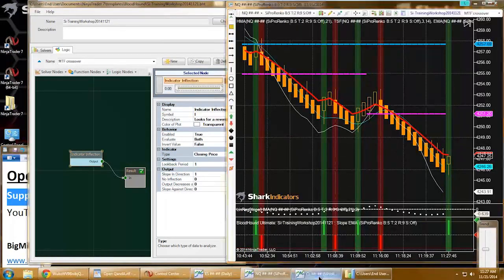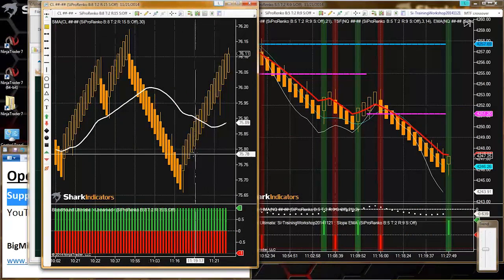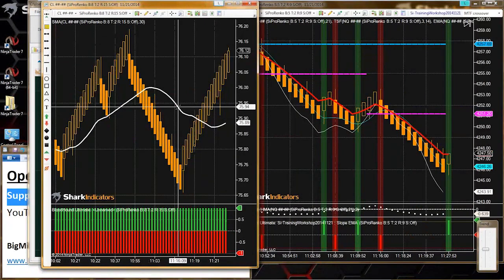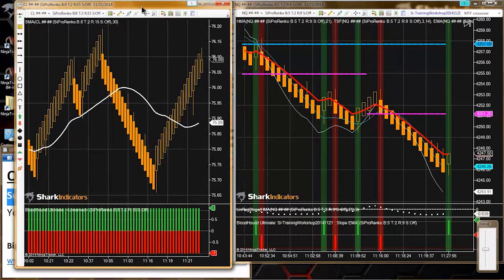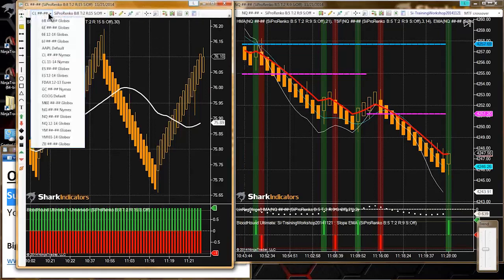And let's take a look at the other chart here. Oh, I'm on different instruments. Let's see. We'll put this on the NQ as well.